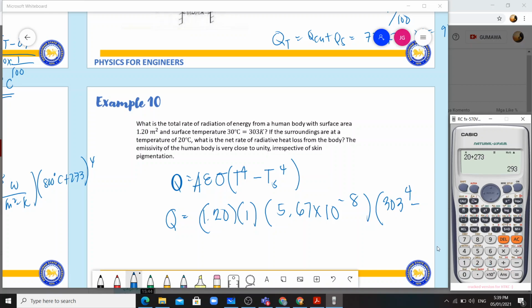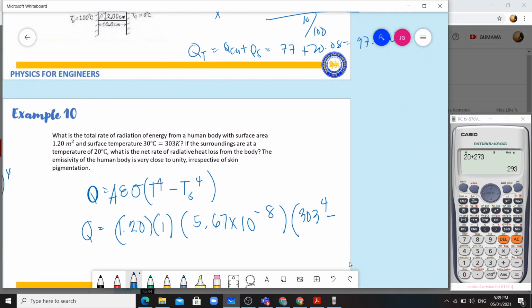Okay? Naka-Kelvin muna. 293 raised to 4. Okay? So, ang heat transfer niyan is 5.67 negative 8 times 303 raised to 4 minus 293 raised to 4.